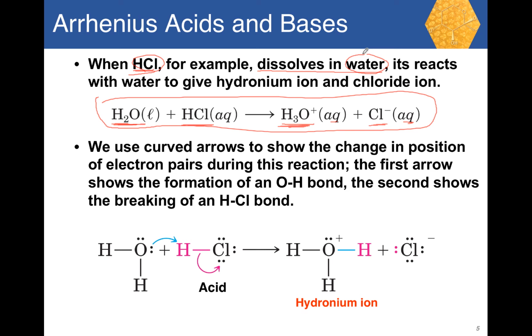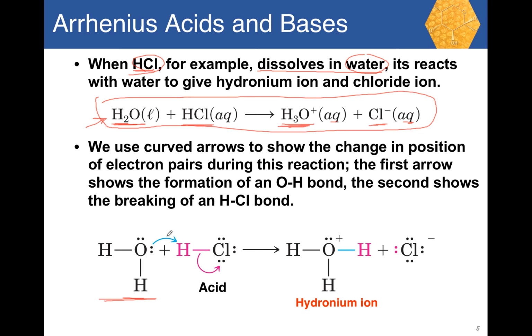Another way of representing what I just described is, here is water again, drawn as its Lewis dot structure. Here are the non-bonding electrons, and here are the bonds to hydrogen. So this is water, H2O, same as before, just now drawn out. And here is hydrochloric acid, HCl, drawn as H bonded to Cl. What happens for a reaction?